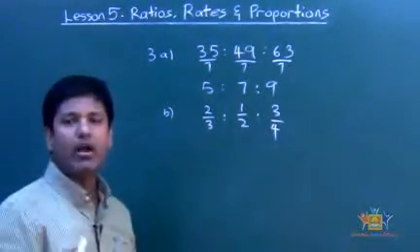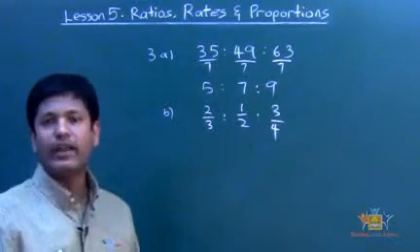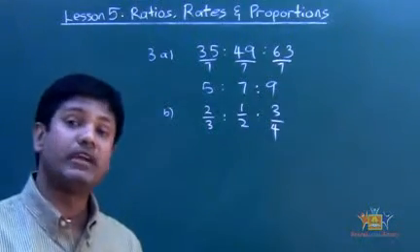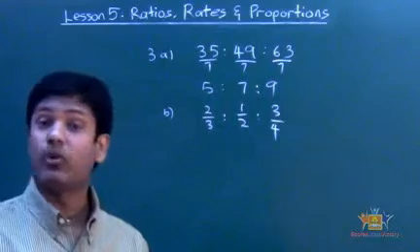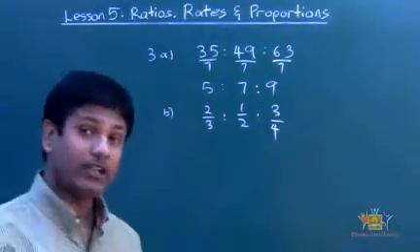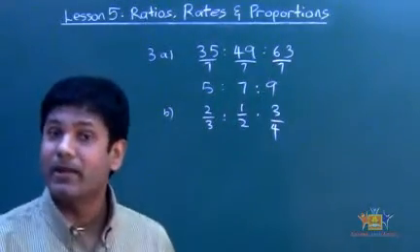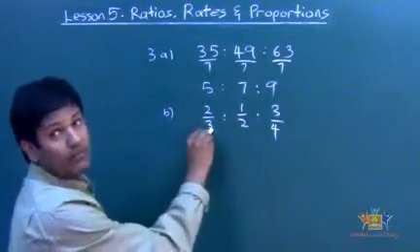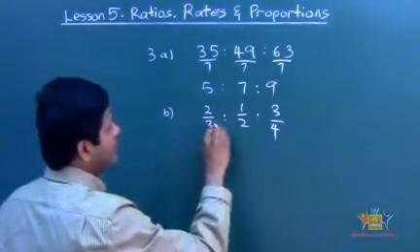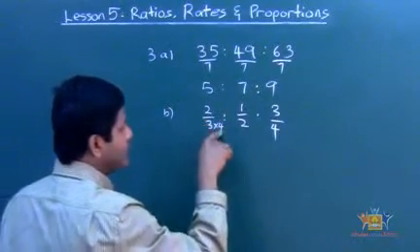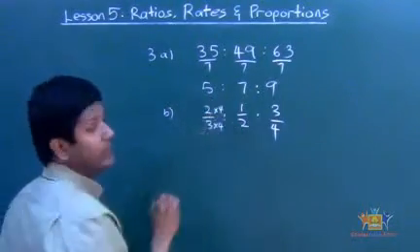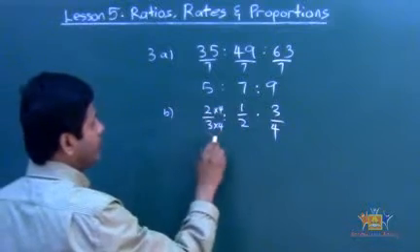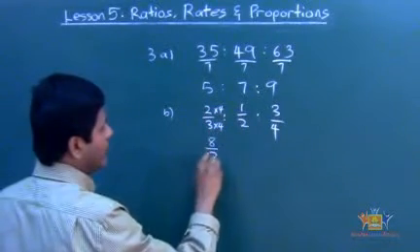What can you think of that is common between 3, 2, and 4, a number that can be divided by all these three numbers? How about 12? 12 can be divided by 3, by 2, and by 4. So we're going to make all the denominators 12. What times 3 gives me 12? 4. If I multiply the denominator by 4, the numerator also has to be multiplied by 4. So 2 times 4 is 8, 3 times 4 is 12.